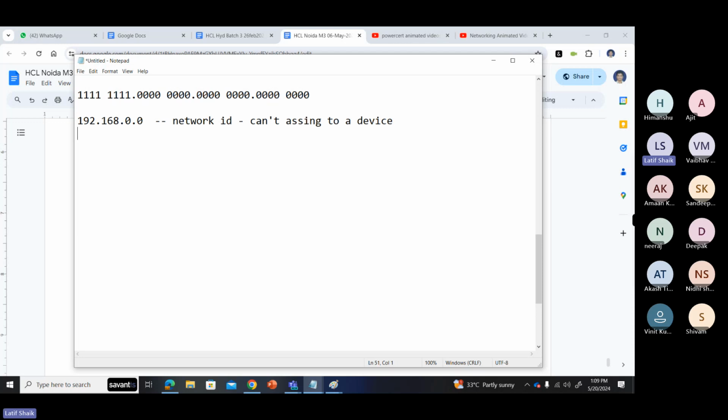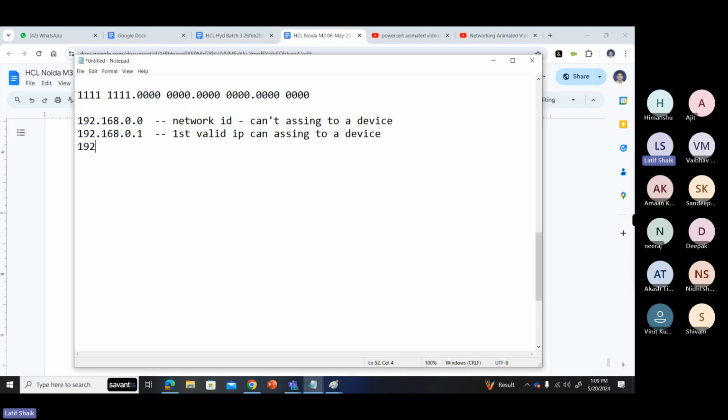We use it, but we cannot assign it to any device. We can assign only from 0.1, which is the first valid IP that we can assign to a device.